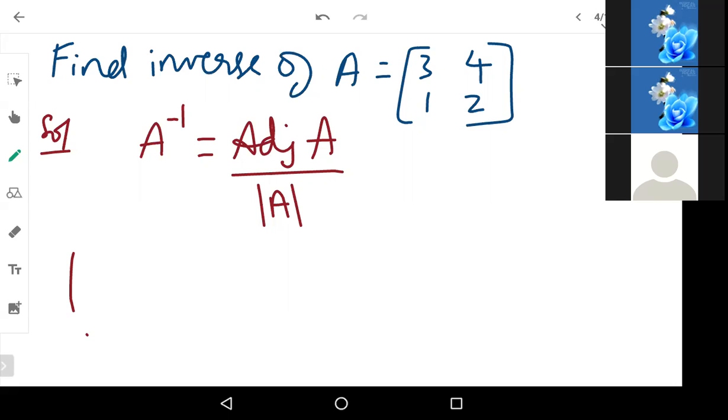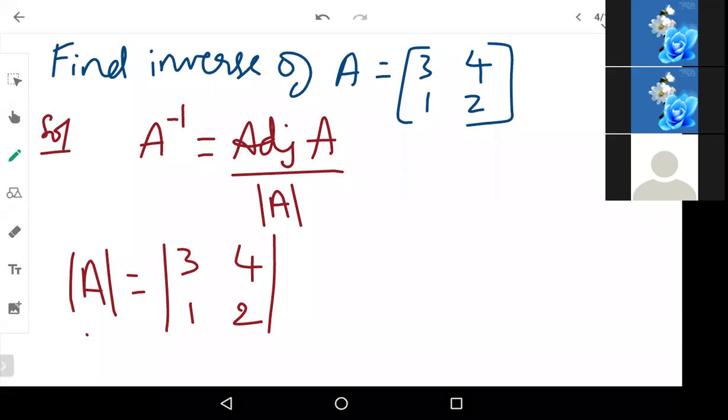So determinant A is equal to the determinant with values 3, 4, 1 and 2. Now can you find the value of the determinant? Find the value and tell me the answer. 2. Very good. So how did you find it? 3 into 2 minus 4 into 1.